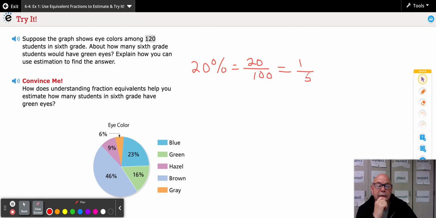So kind of mentally we could do that. And then we want 1/5 of 120, meaning if we divide 120 by 5 and take one of them, we'll have our answer. So that would be 20. About 20 students would have that.